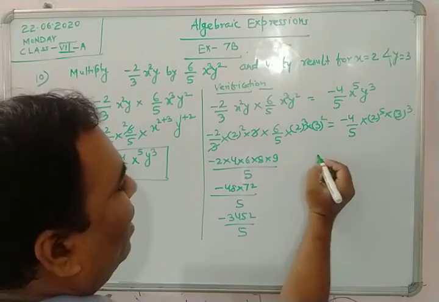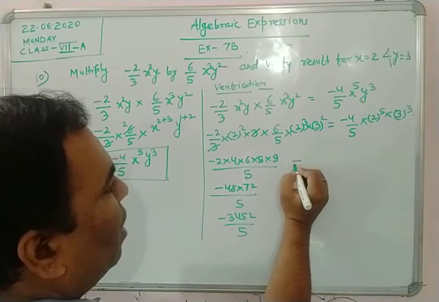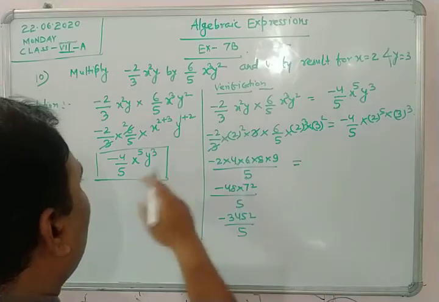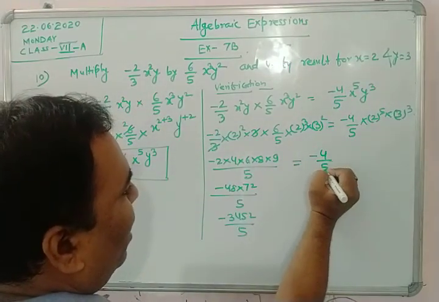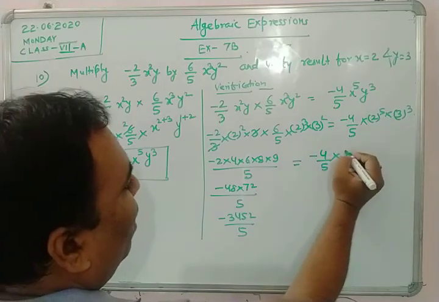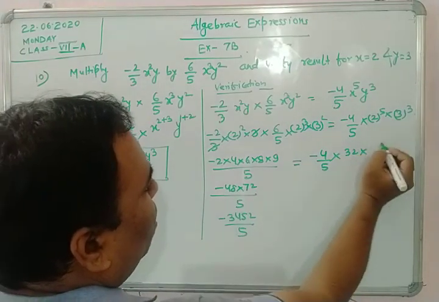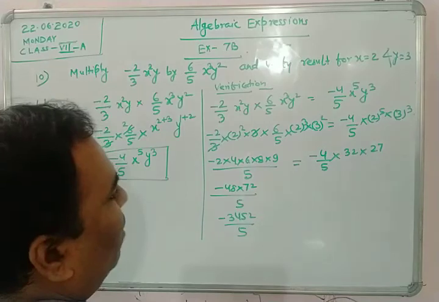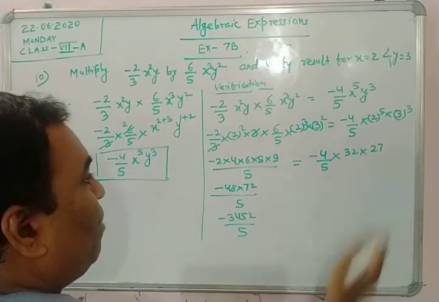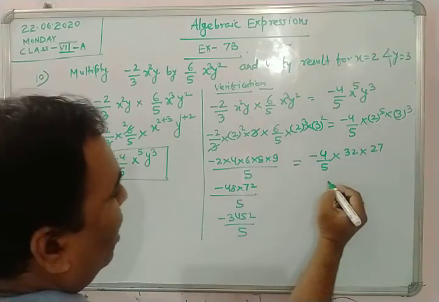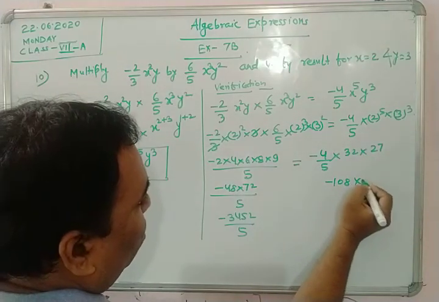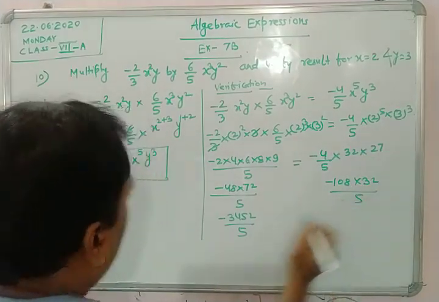Let's see what we are going to get in RHS. I'm just putting the equal sign to maintain this. Minus 4 by 5 into 2 to the power 5, that means 32, into 3 to the power 3, that means 27. What we have to do? Again, I'm going to multiply. So 27 fours are minus 108 into 32 by 5.